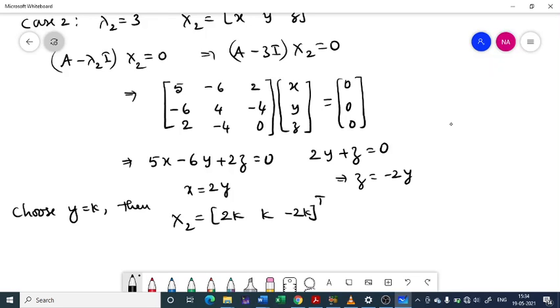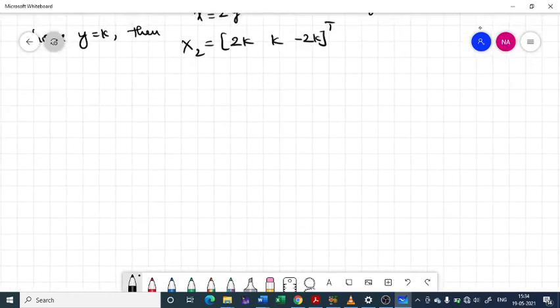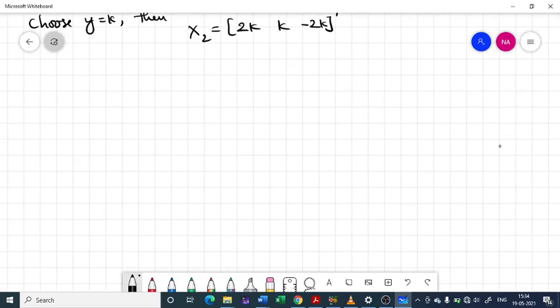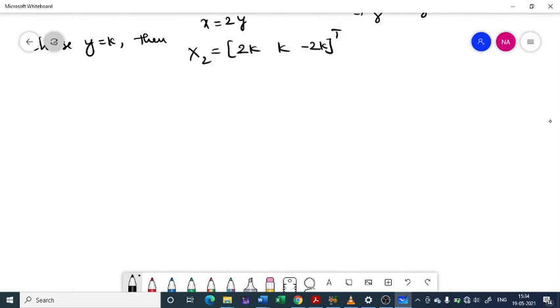That is the eigenvector corresponding to lambda 2 equal to 3. So case 3, lambda 3 equal to 15.